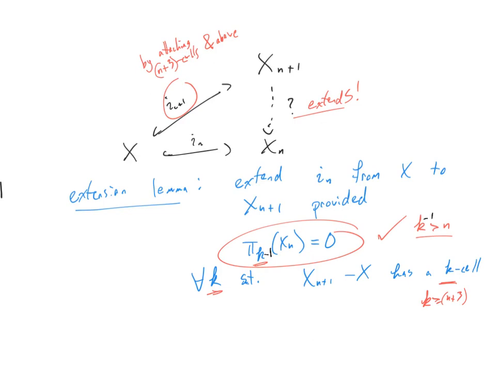So that's k minus 1, which means k has to be bigger than n plus 1, and that is true for k bigger than n plus 3. Yeah, this is true, right? So we need it for k bigger than or equal to n plus 3, but we actually have it for k bigger than or equal to n. So we're totally fine.